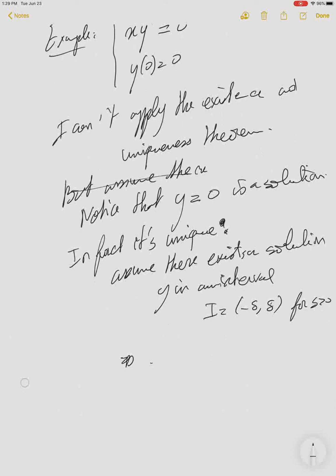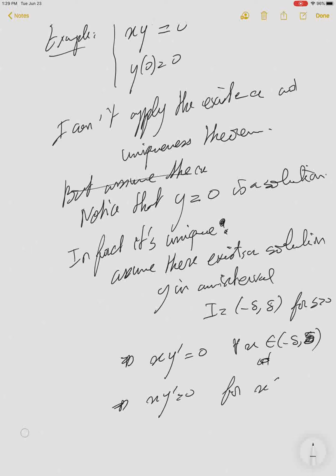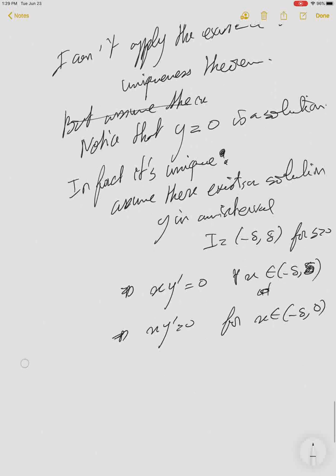This implies that xy prime is equal to 0 for all x in the interval minus delta delta. Do you agree? This means that xy prime equal to 0 for x in minus delta 0. But for x in this interval, x is different than 0.